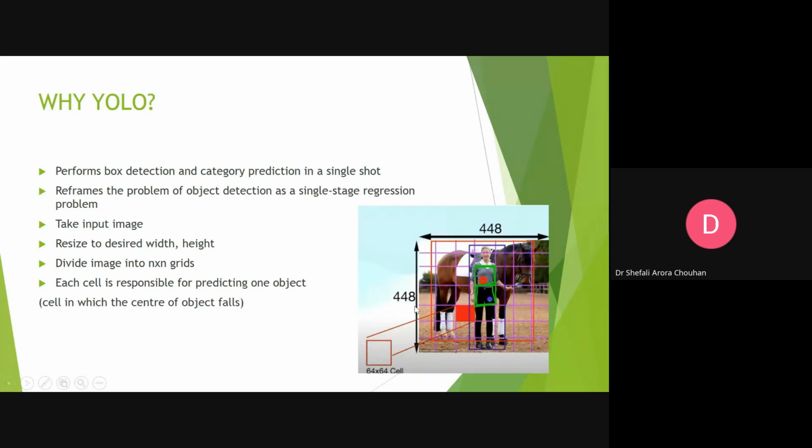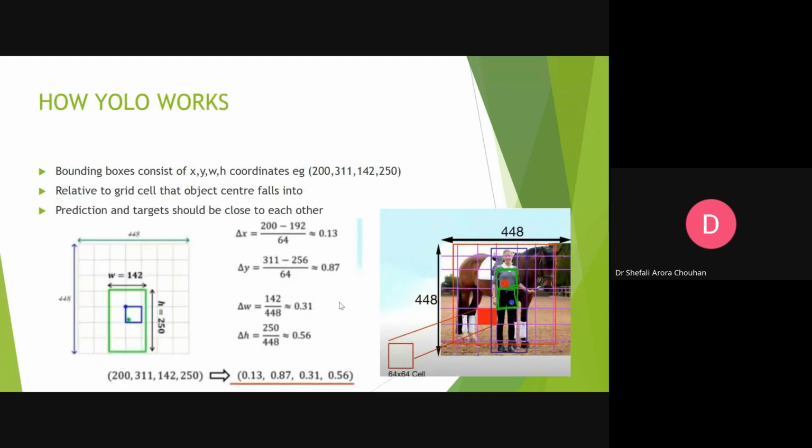And if it gets divided into 7 grids, then each cell is 64 cross 64. So each cell's center will be responsible for predicting what object is present in it.